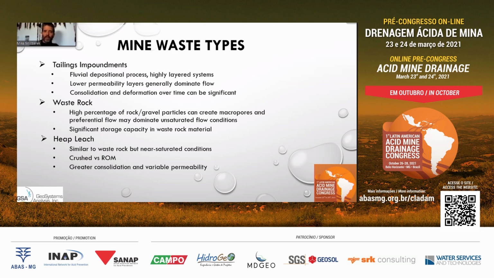This is the beach, this is the dam material, and it is fairly highly permeable. It doesn't have as high a water holding capacity. As you get farther back into the tailings impoundment towards the decant pond, what's often called the slimes area, you get much finer grained material.